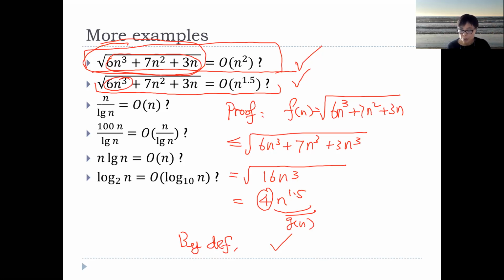If the second relation holds, then since n squared is bigger than n to the power of 1.5, clearly the first one also holds. They don't have to be tied. Big O doesn't mean that they're of the same order. It's just saying that I am growing at most as fast as you.